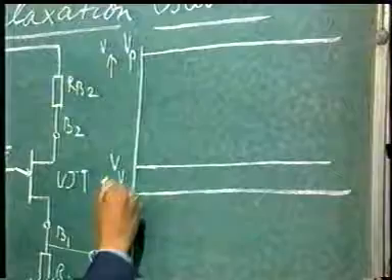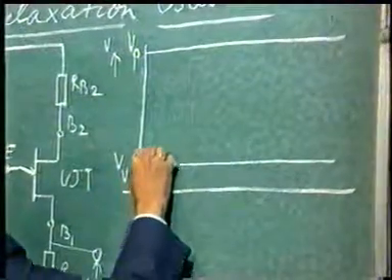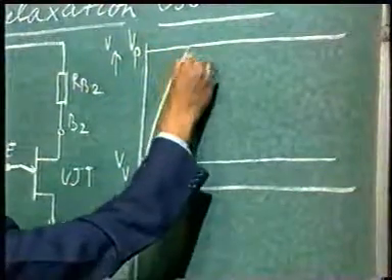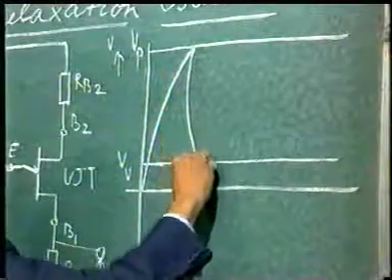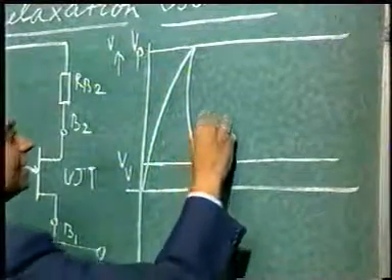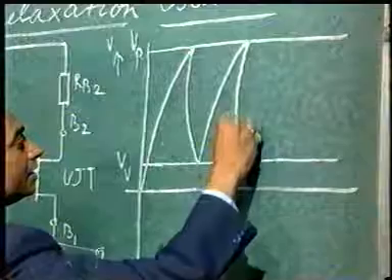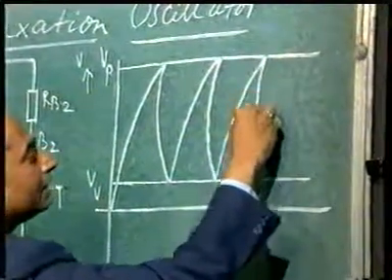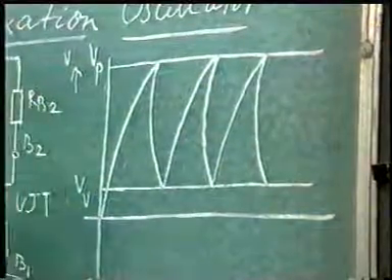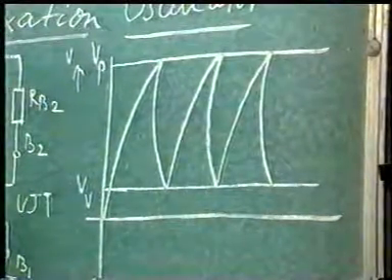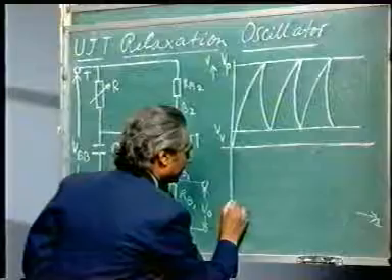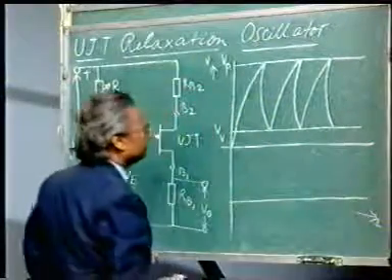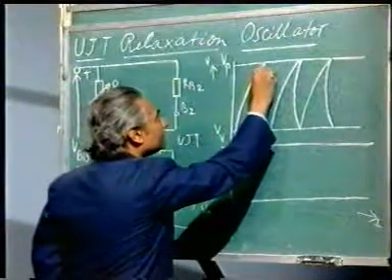What will happen to the capacitor? The capacitor will charge up to this voltage, and then it will discharge up to this voltage. Again it will charge, discharge, again it will charge, discharge, and so on. Now let us see what will be the output. Suppose I draw the output here, then project them.